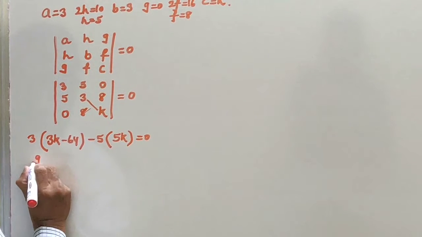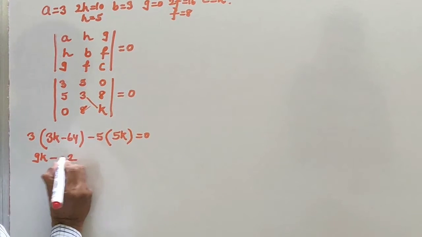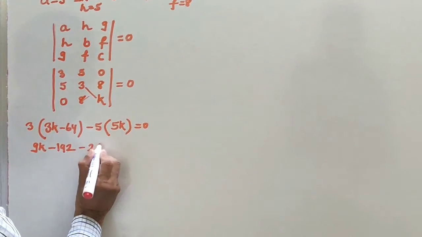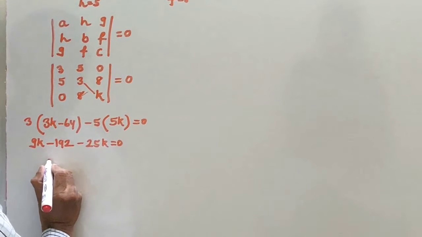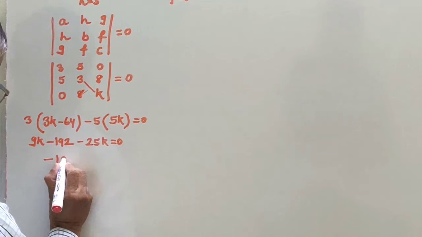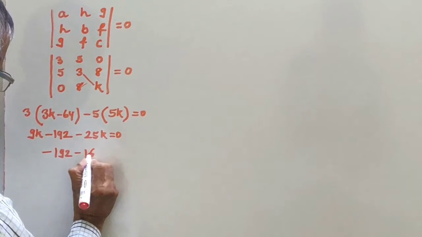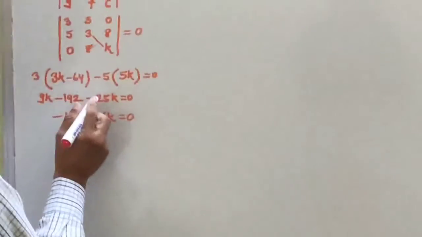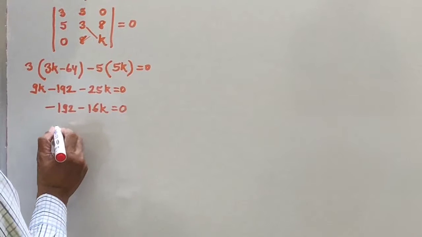This will be 9k minus 192 will come here, minus 25k is equal to 0. Now 192 minus 16k is equal to 0, because minus 25k and plus 9k is minus 16k.